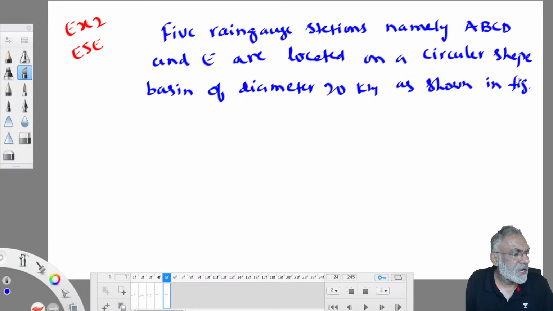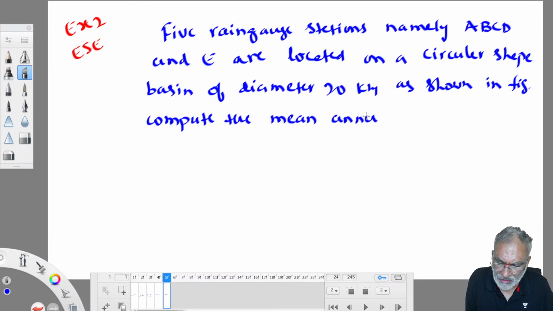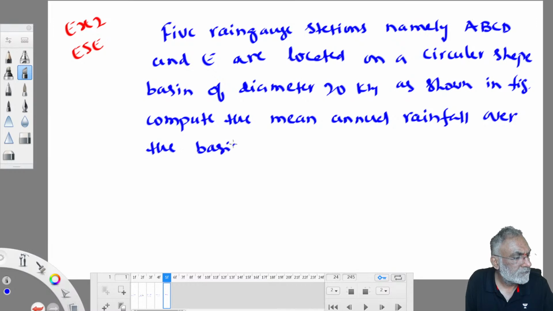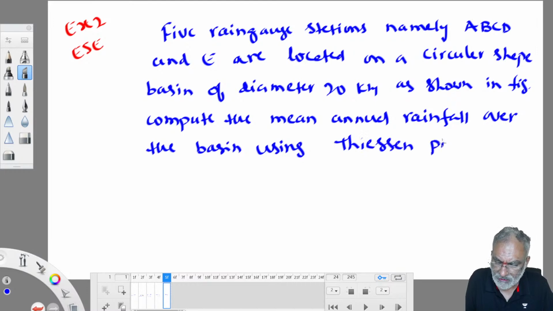Compute the mean annual rainfall over the basin using Thiessen polygon method.